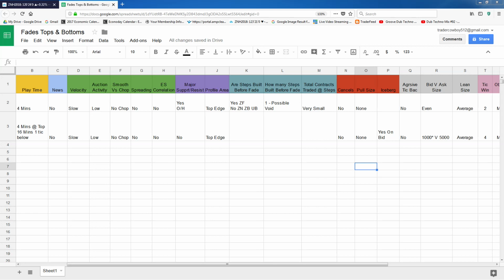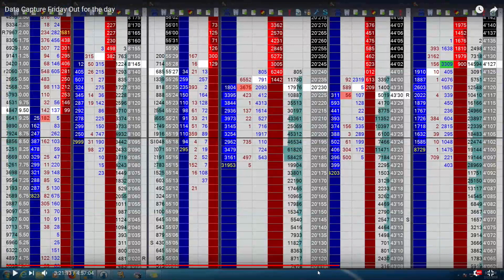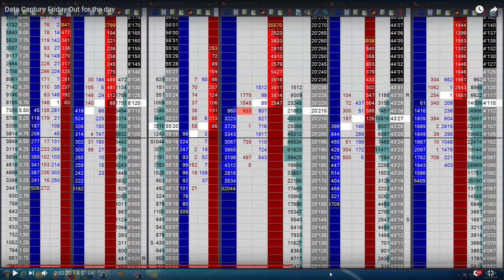I want to see what happens with the 10-year because there is a slight profile step build. So when does this trade all go down at? 937. Looks like that profile step was already there. Time is it here? 950. I'm going to go way back. Okay, no. When does that profile get put in place?